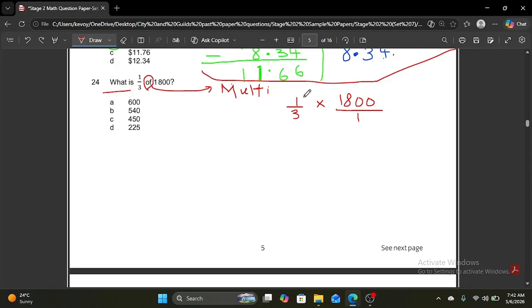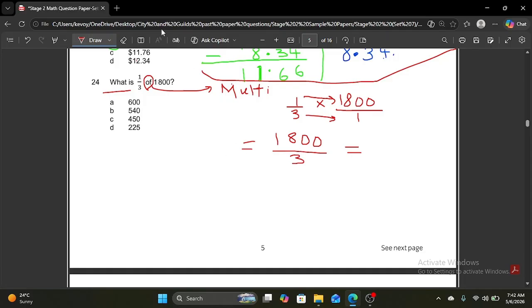When multiplying fractions, numerator times numerator, denominator times denominator, so you'll end up with 1,800 over 3. So 1,800 divided by 3, or 1,800 over 3. Now please remember, fractions are division.